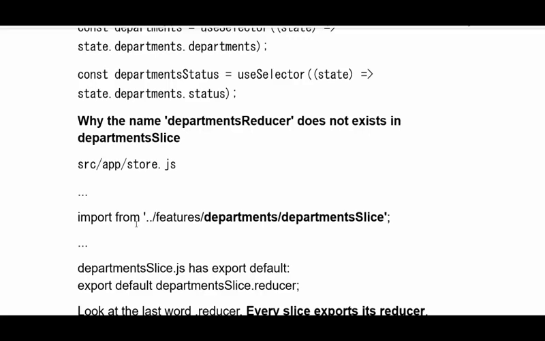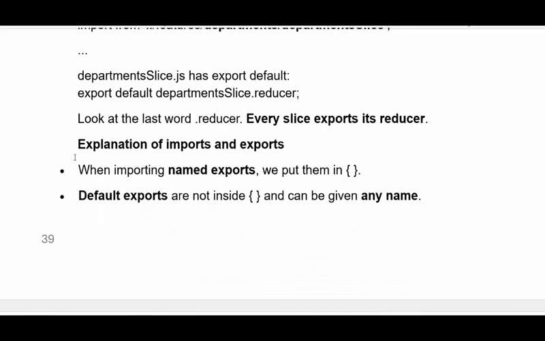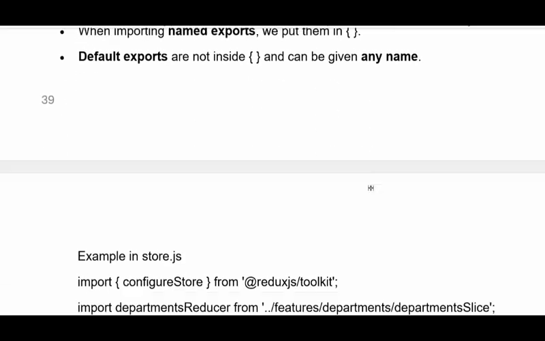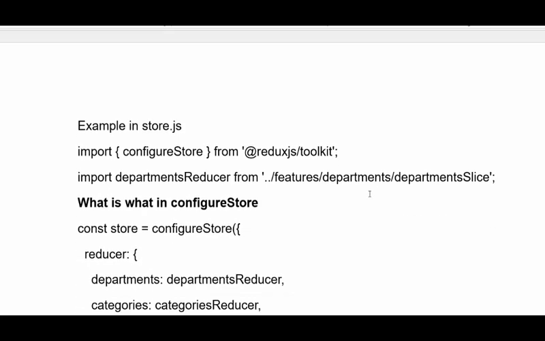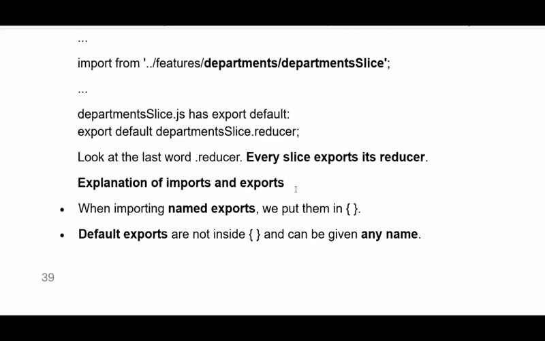Why does the name departmentsReducer not exist in departmentsSlice? Explanation of imports and exports. When importing named exports, we put them in curly brackets. Default exports are not inside curly brackets and can be given any name. This is the first connection with the reducer.